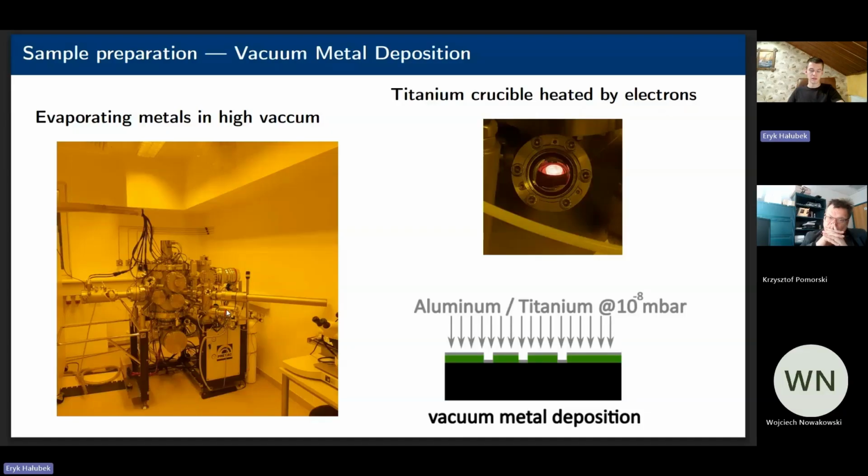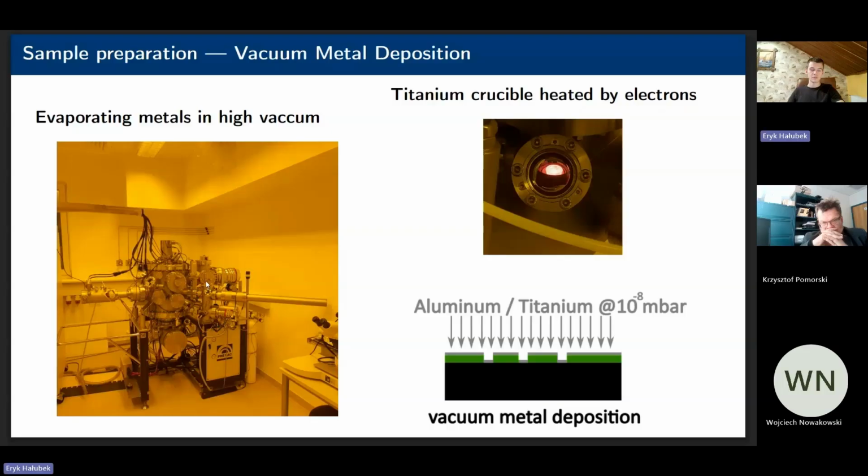This little one is used for the load lock, this thing that kind of resembles a gun in some way, when you place your sample to transfer it to the main chamber.